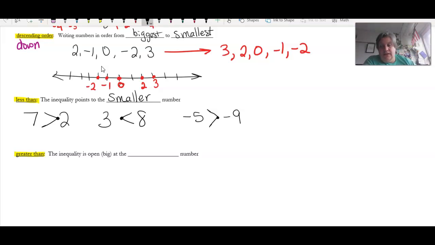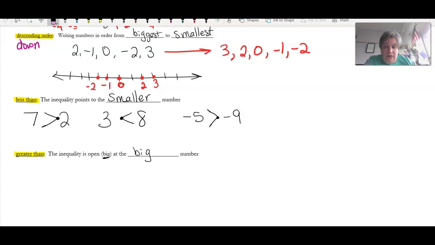Greater than inequalities or signs is when it's open or big at the big number. You can see that right here. Each of these, you see how it's open and big at 7? Because 7's bigger. Open and big at 8 because 8's bigger. Open and big at -5 because -5 is bigger. So you can think about it that way and you can kind of see what's going on.